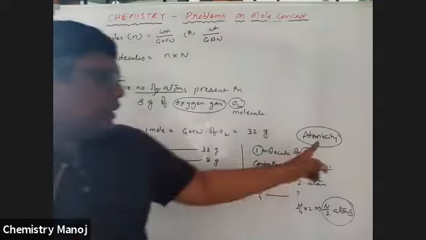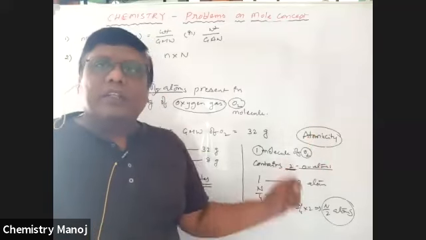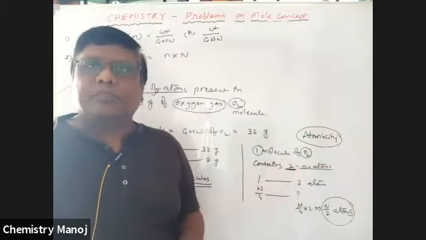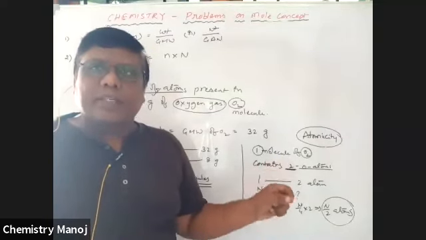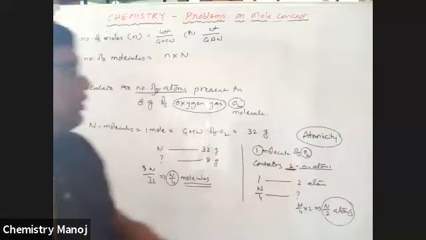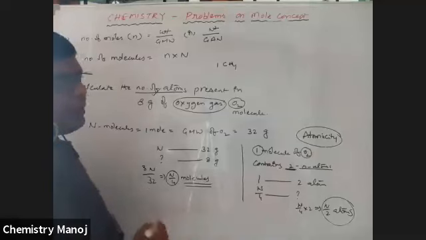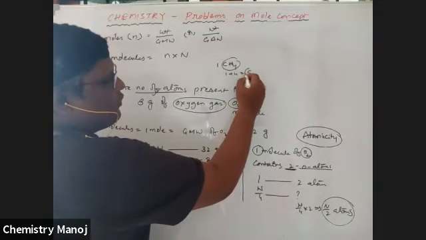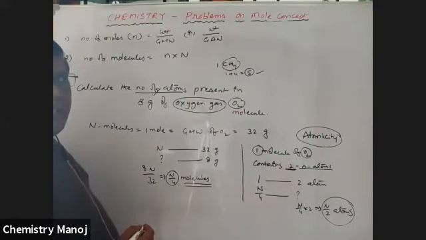Atomicity of the compound is equal to the number of atoms present in one molecule of the substance. For example, take one methane molecule. How many atoms are present here? Carbon 1 plus hydrogen 4, that is 5. Atomicity of methane is 5.